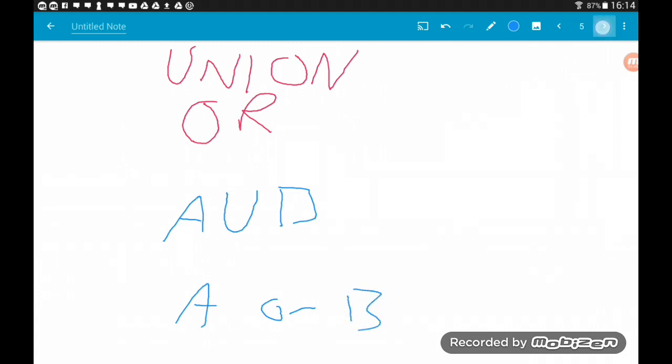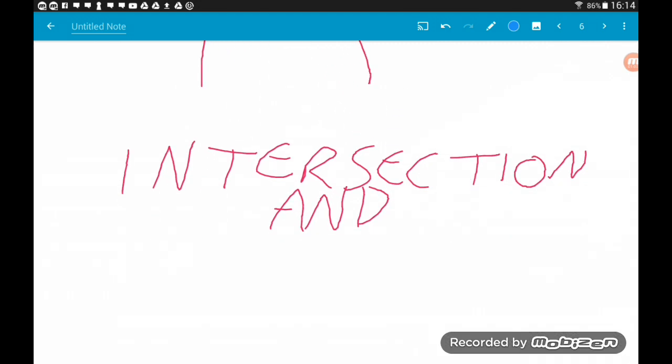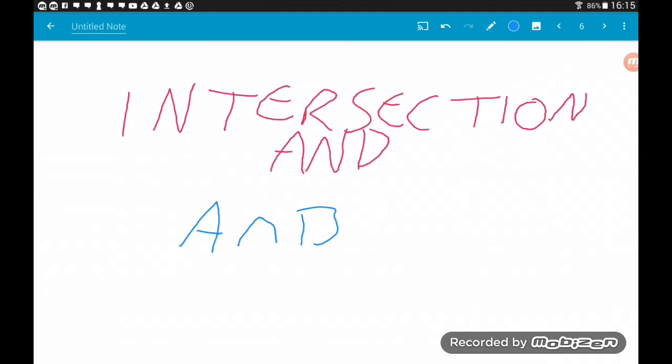If we had the upside down one that looks like an N, this is the intersection, which we can think of as saying and. So, A intersection B, we can think of as A and B.